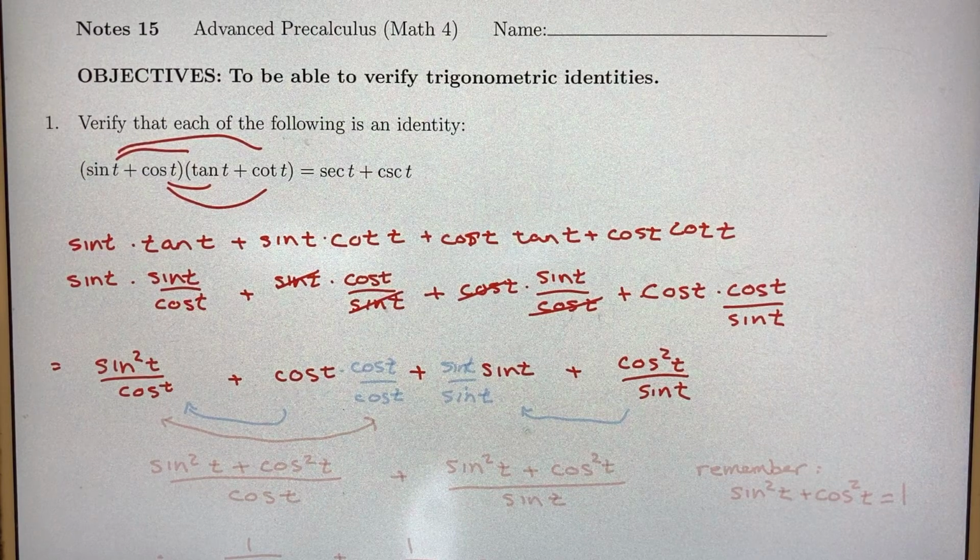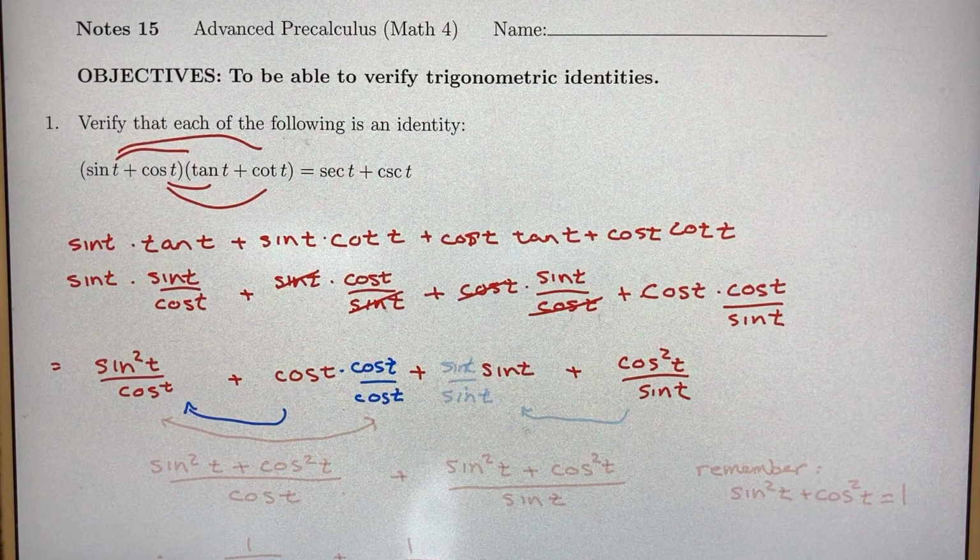And unfortunately, we've got sine squared plus cosine squared, but they're over different denominators, and that's unfortunate. But here's a cute trick. I can multiply the second term by cosine over cosine, and get cosine squared over cosine. That'll work nicely with this.